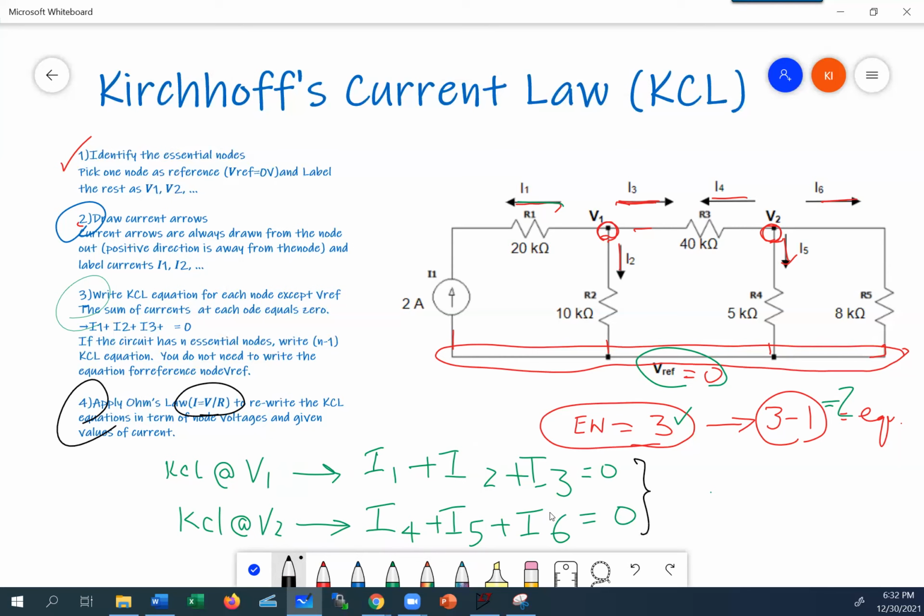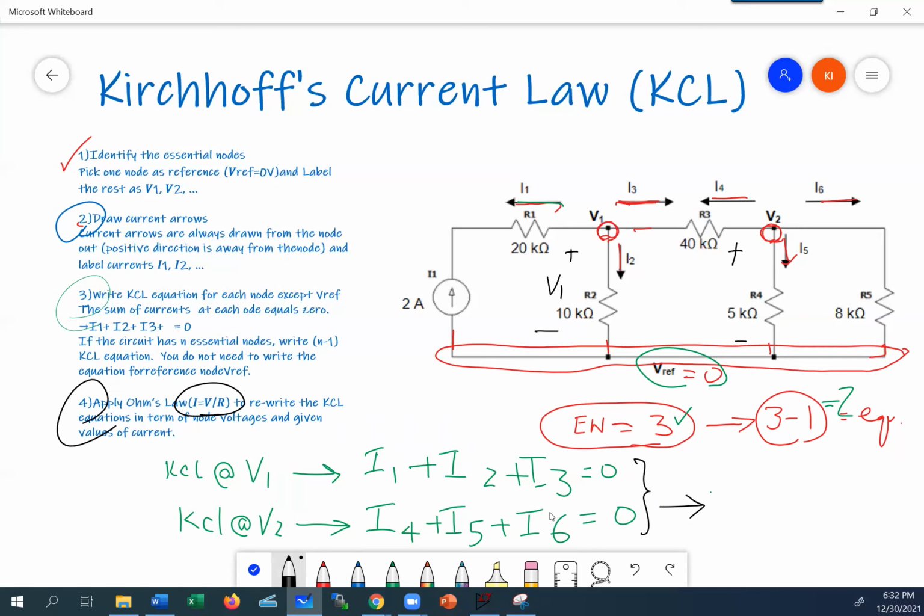My goal is to end up with only 2 equations, and the only unknowns in those equations would be V1 and V2. By the way, remember what we said: V1 indicates the voltage from here to here, the difference between there and the reference. V2 is from here to here, which is there to the reference.